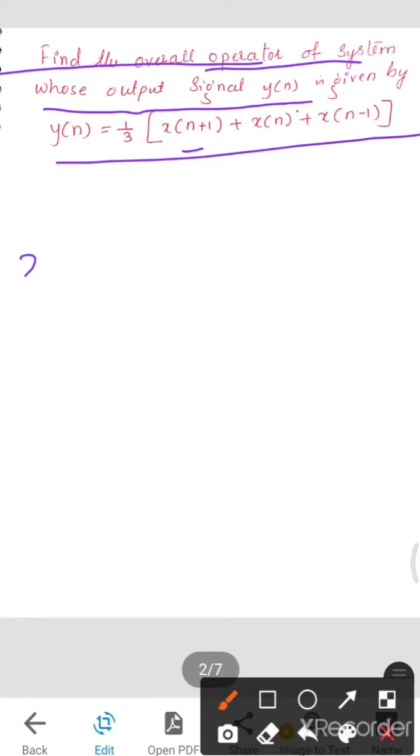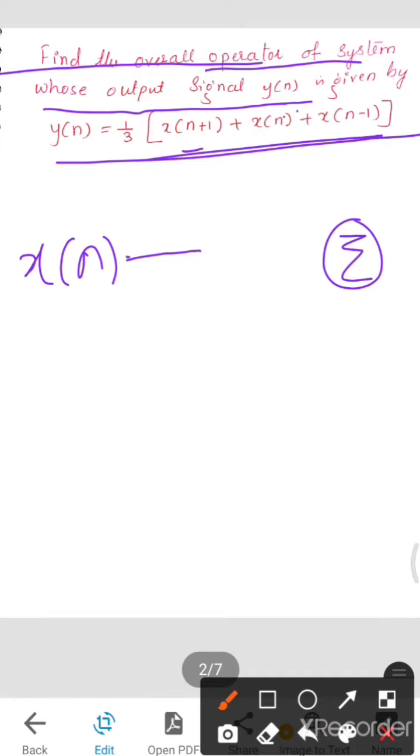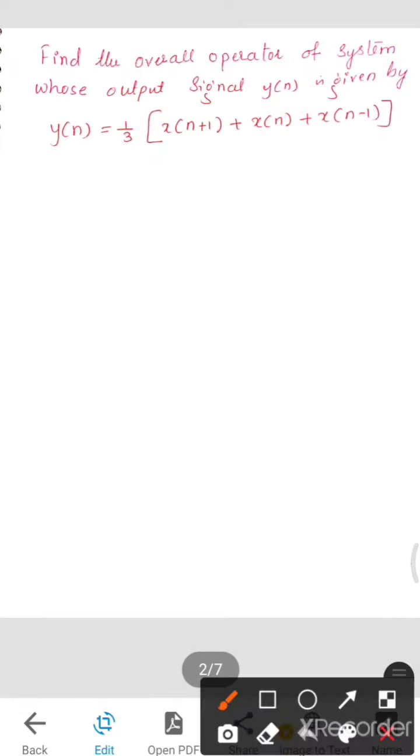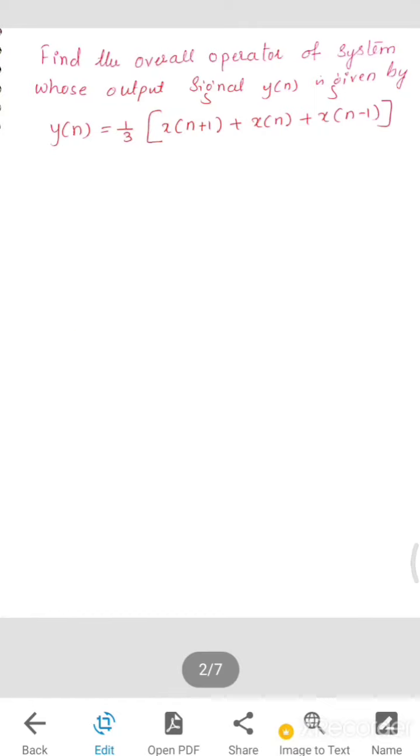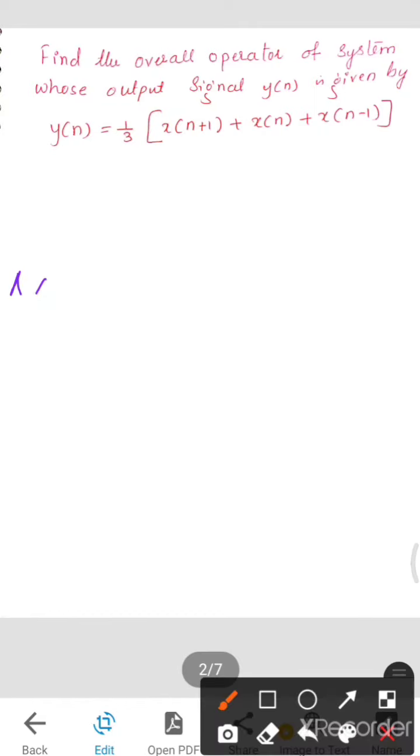Let's remember, this can be represented by a diagram, where x of n is the input signal. We got it, right? The x of n signal also has to be present. I'll show you, one second. See, this is your x of n signal.